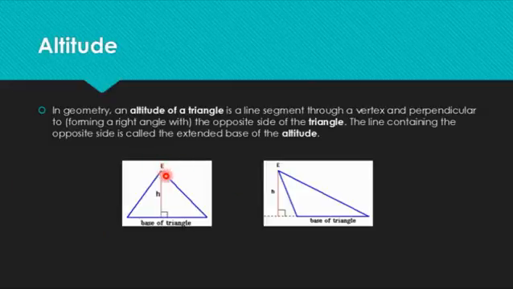In this case, we have a vertex E. Then the line segment goes through that vertex to the opposite side of the triangle, or the base of the triangle, and forms a perpendicular angle, or a right angle, one that's 90 degrees. That is an altitude. That red line H is an altitude. Sometimes it's also referred to as the height of the triangle.